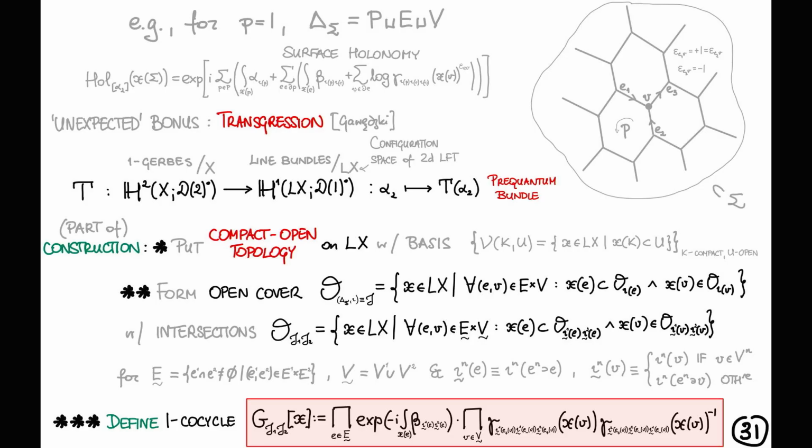Because as it happens, if you look at the gluings of the hypercohomological data of the germ, they imply the cocycle condition for this cocycle with values in U(1), which by the clutching construction for bundles defines for me a bundle over the loop space.